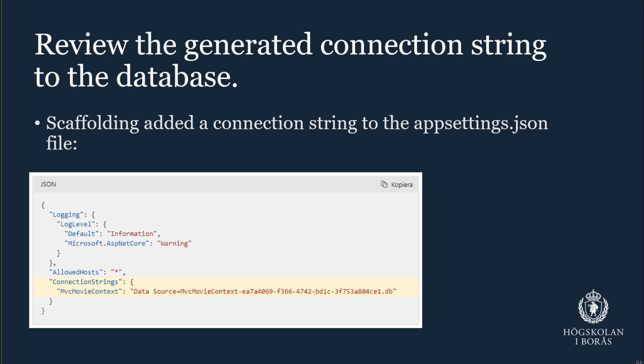In the yellow area, we can see that we now have a field called ConnectionStrings, which has an object with a field called MvcMovieContext with the value of our connection string, which is the data source equal to MvcMovieContext and all of these numbers and letters ending on .db. This is where the DbContext goes to fetch our connection string in order to connect to our database.